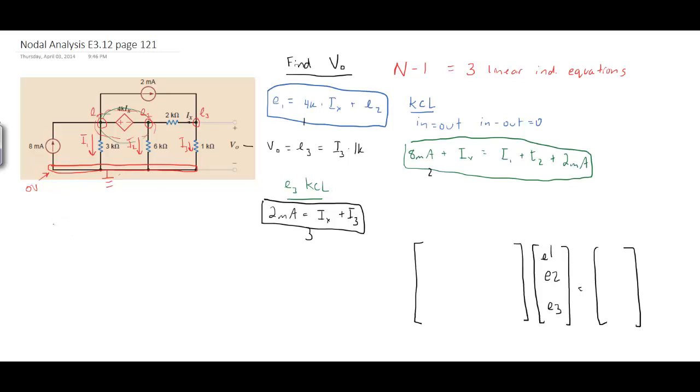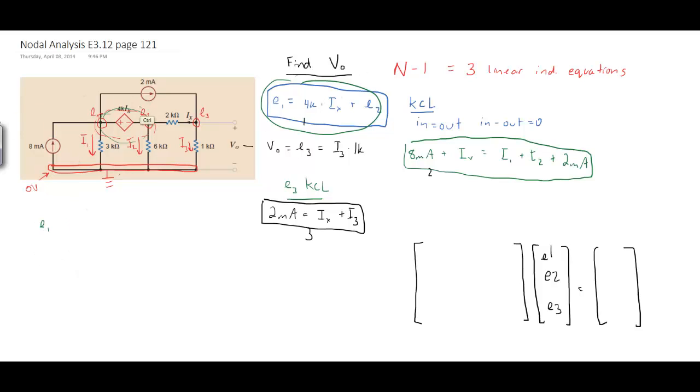We have E1. I'm going to use this equation here first. Like I said, E1 is going to be equal to... Well, first we have to actually find something for Ix.